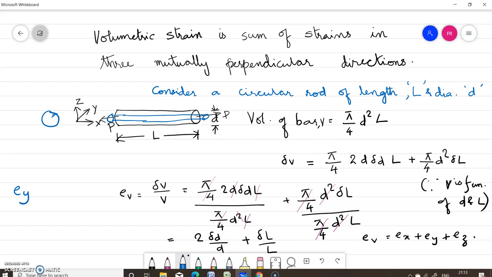So EY you can write is equal to EZ, and that will be equal to delta D by D. So you have got 2 into delta D by D. That is, EV, the volumetric strain, is the sum of strains in 3 mutually perpendicular directions.